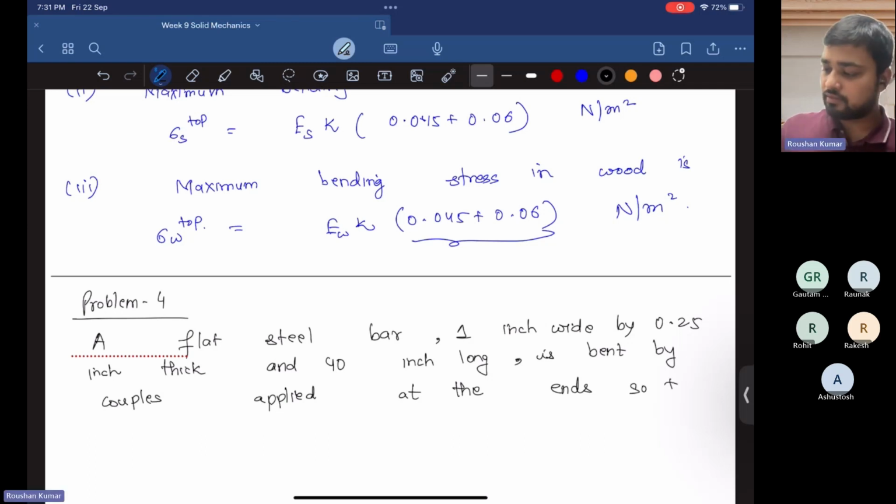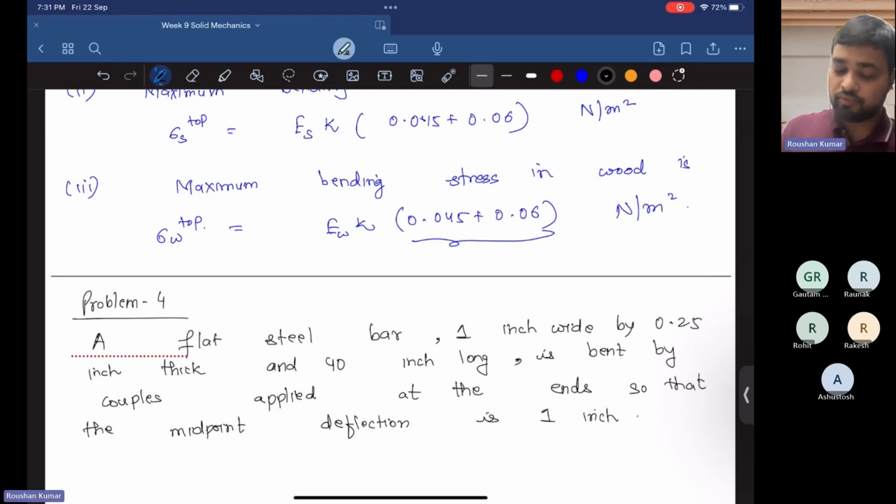so that the midpoint deflection is 1 inch.